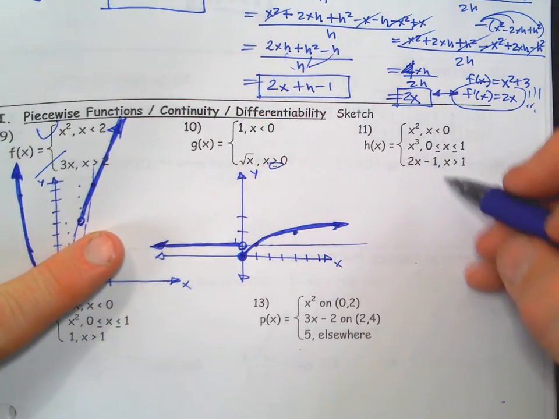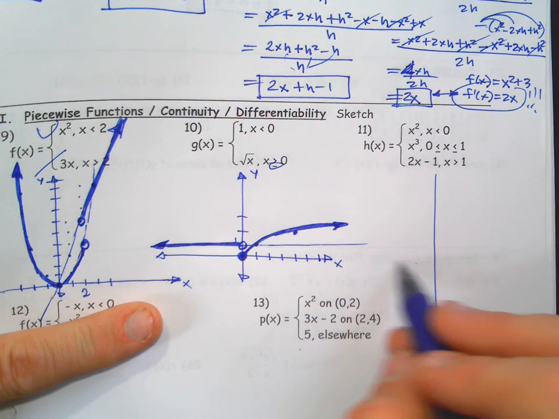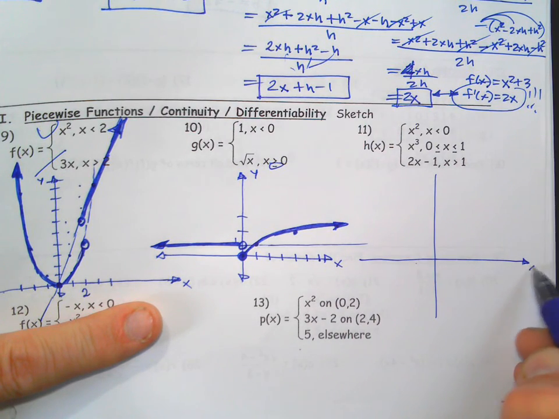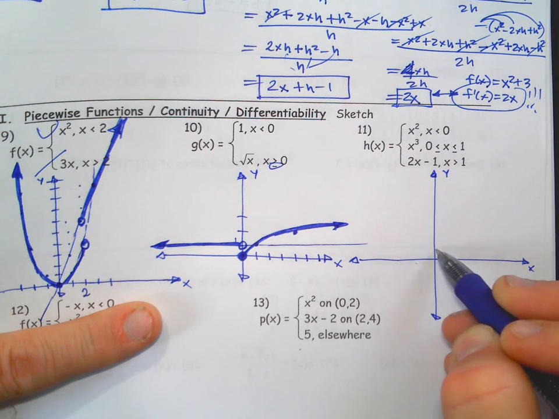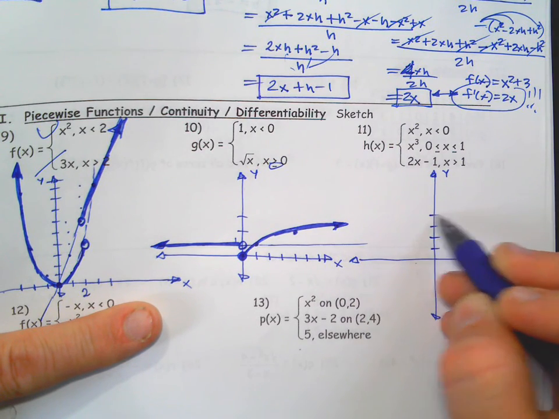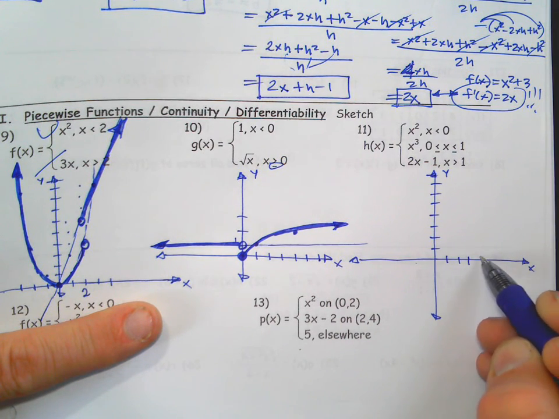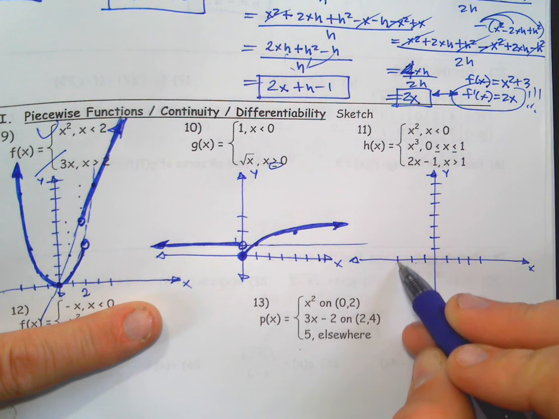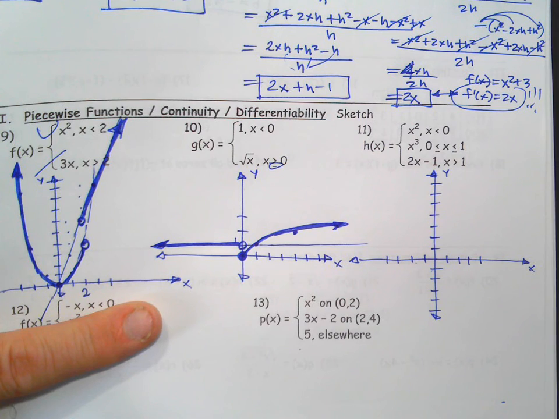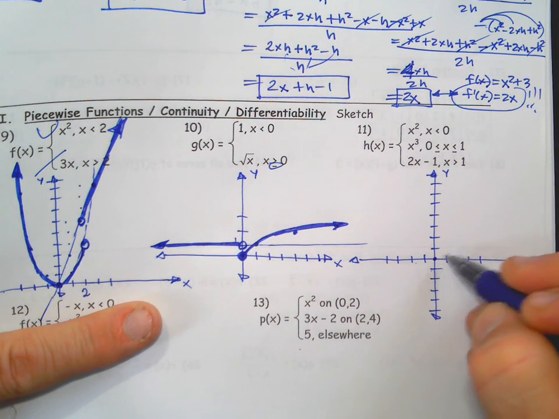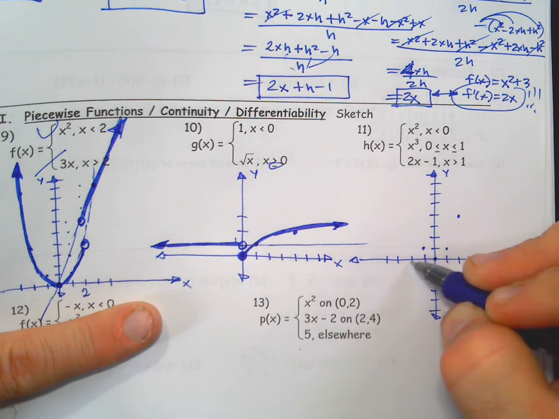Okay, next one involves 3 graphs. Okay, so 1, 2, 3, 4, 5, 6, 7, 8. 1, 2, 3, 4, 5. So the squared one, that's a parabola. Over 1, up 1, over 2, up 4.